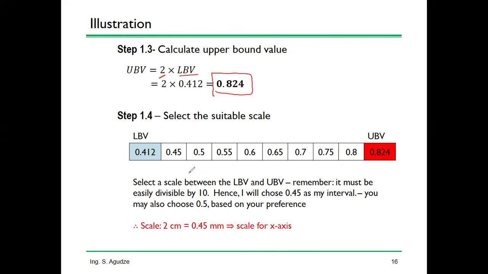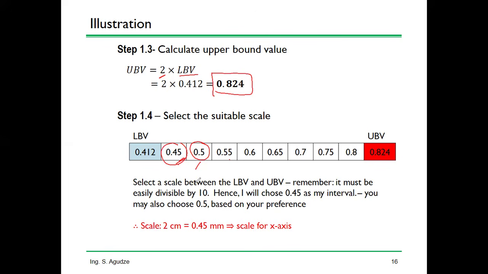So if you are selecting, try to select close to the lower bound value so that your graph will be big. You can take any value here, but I admonish you to take a value close to the lower bound. You can take 0.45, 0.5, 0.55. Anything here is fine, but I am adopting 0.45. Somebody may adopt 0.5, but that's a matter of preference.